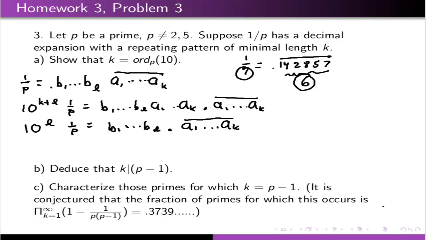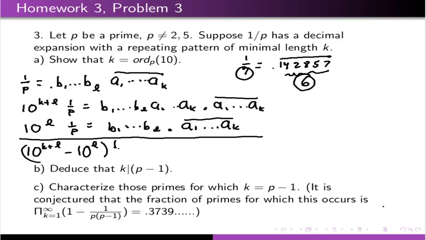So this is a trick that you learned long back for how do you turn a repeating decimal into a rational number. You get two different values that have the same repeating part here, and then when we subtract, we discover that 10 to the k plus L minus 10 to the L times 1 over p is an integer.